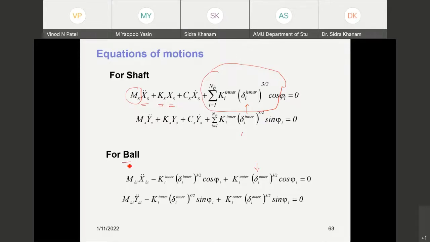For balls, that will be for the shaft part, and this is for the contact of the outer race and the ball, in the X direction and in the Y direction. So that deformation part will be considered here in both cases, and its effect can be seen in the displacement diagram.